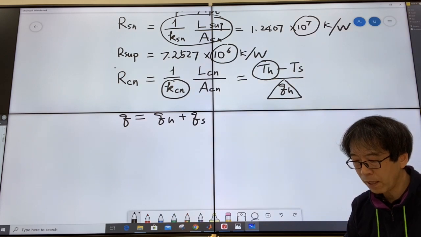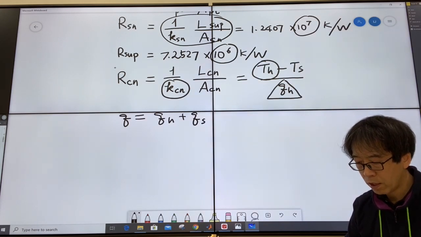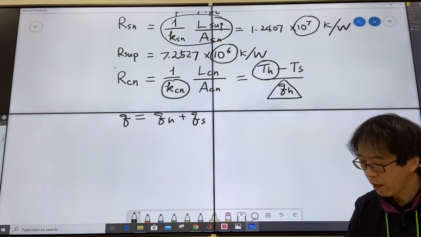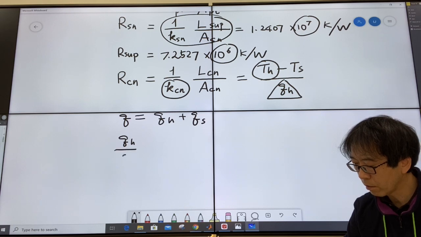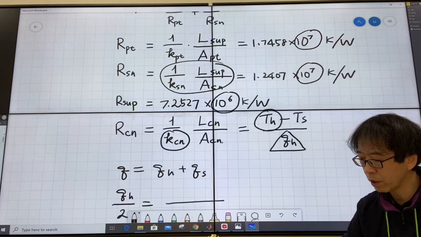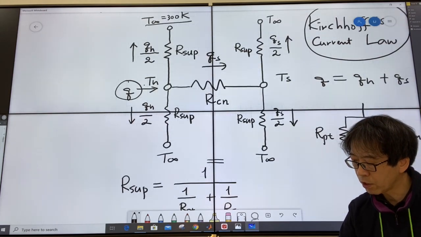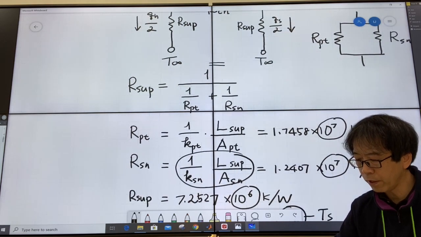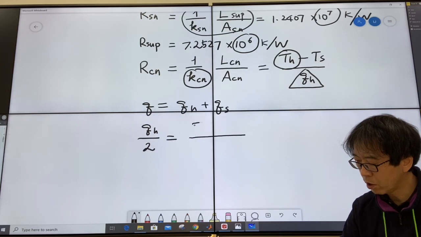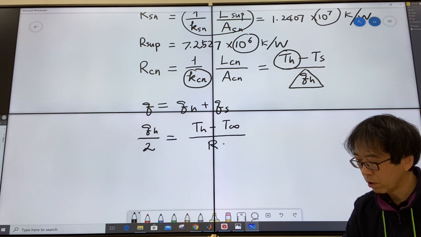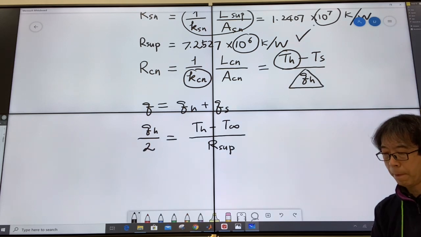So you can set up an equation for the left hand side. Half of the heat that moves up through the supporting element will be the temperature difference between this point TH and that point T infinity. So it will be TH minus T infinity. And what is the resistance? The thermal resistance of the supporting element, which we have already calculated right here.